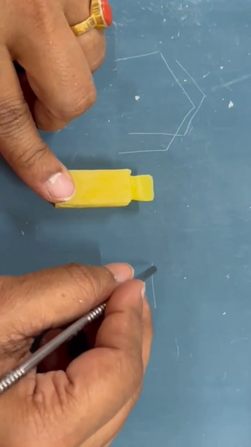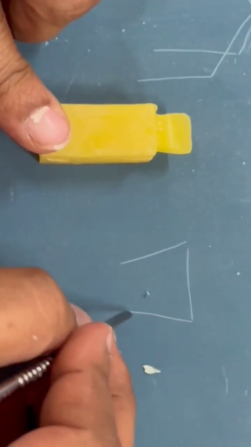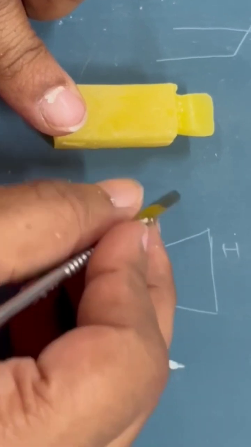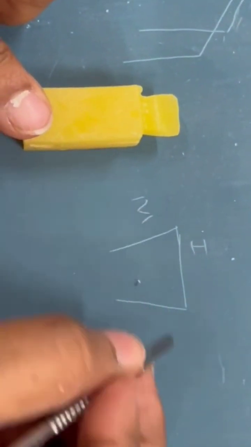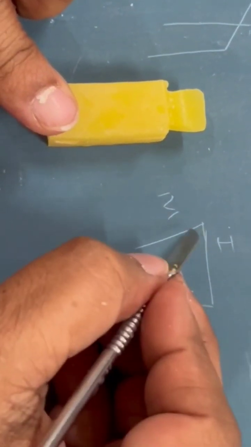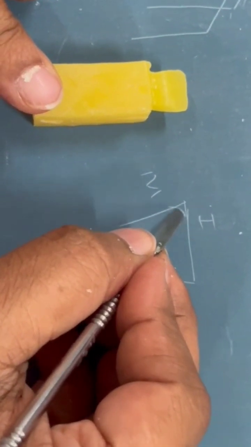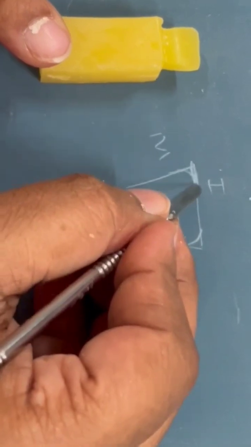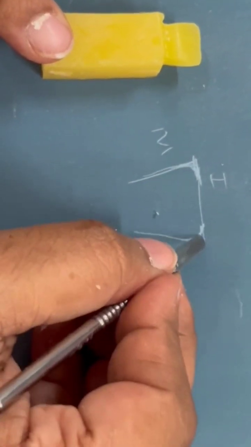So if this is the shape, don't trim it. We know that this is the incisal surface, this is the mesial side, and this is the distal side. The mesio-incisal angle should be acute, whereas the disto-incisal angle is round. The mesio-incisal angle is acute.